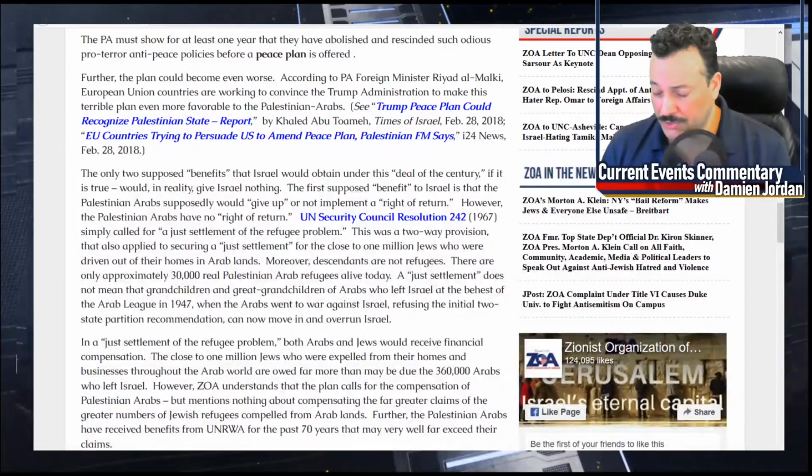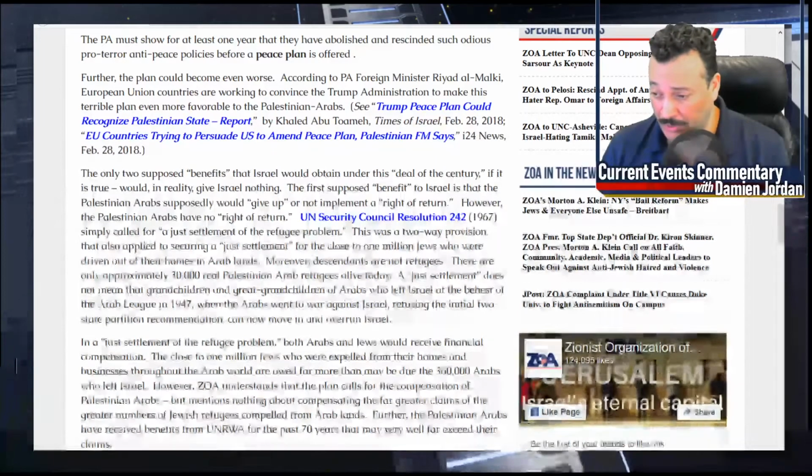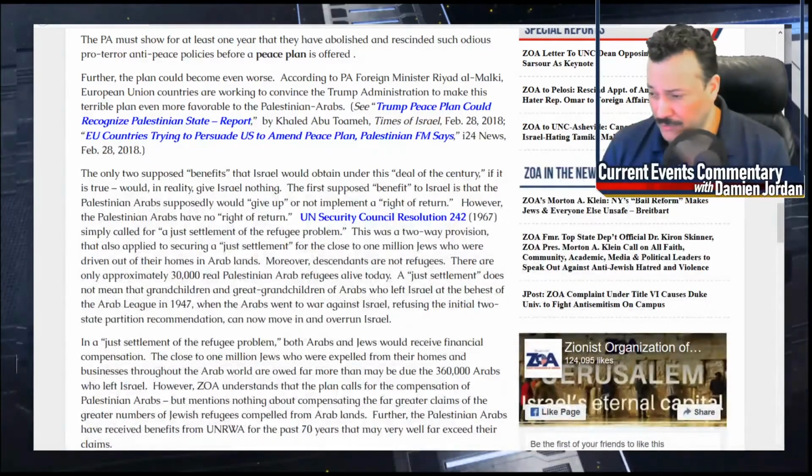The only two supposed benefits that Israel would obtain under this deal of the century, if it is true, would in reality give Israel nothing. The first supposed benefit to Israel is that the Palestinian Arabs supposedly would give up or not implement a right of return.